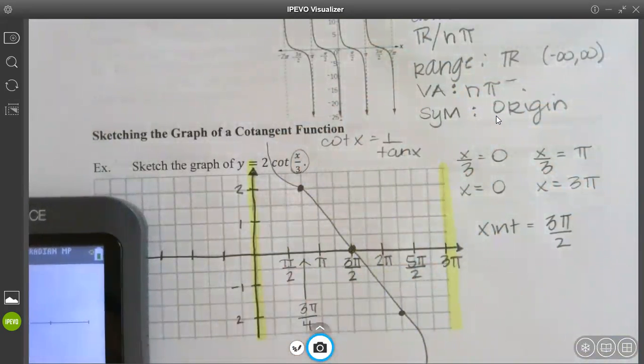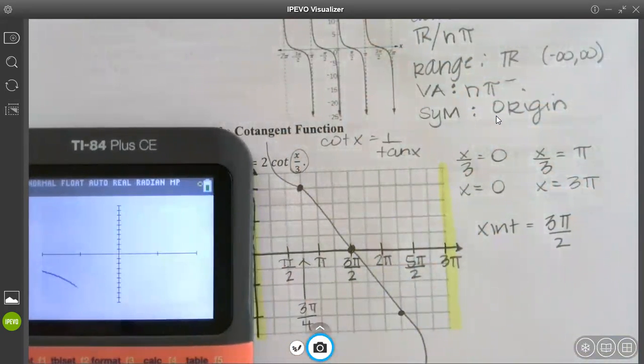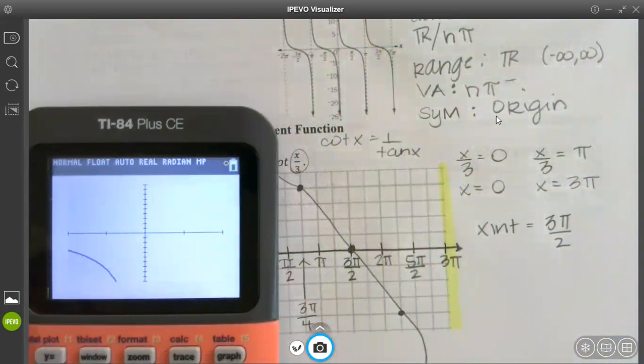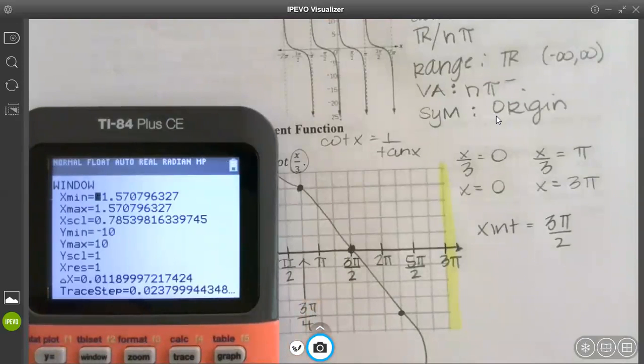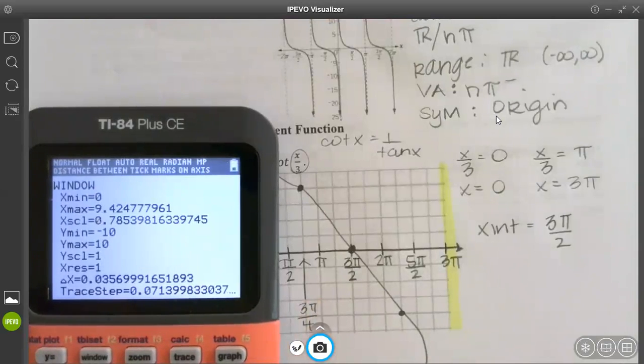So if I graph it for you to see, and I'll fix it in just a second. Sorry, I forgot my scales were off. We went from 0 to 3 pi, and we went by pi/2.